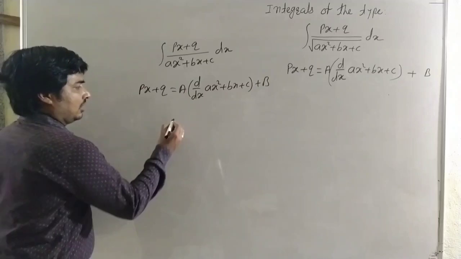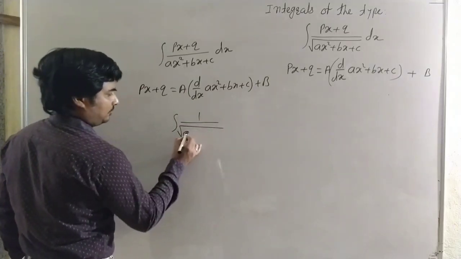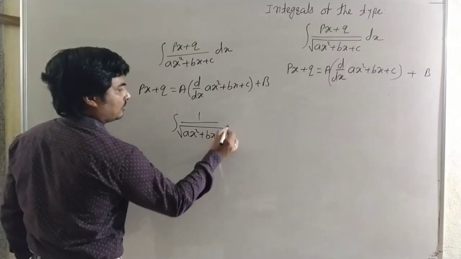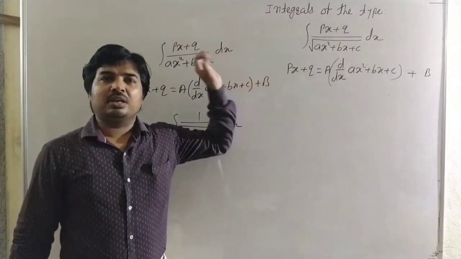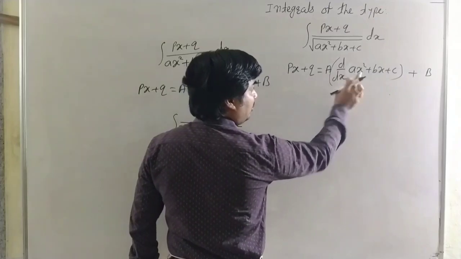We have already learned examples of 1 upon under root quadratic function. Now we see the linear function upon under root quadratic function; here we adjust the derivative of the quadratic function.